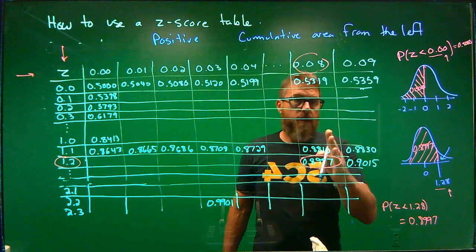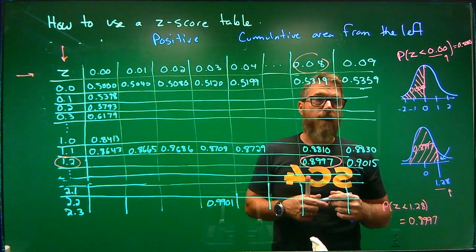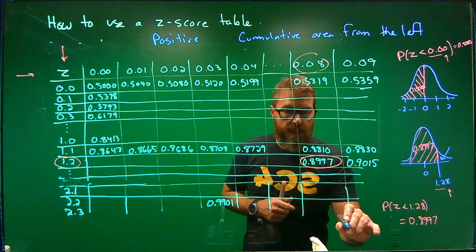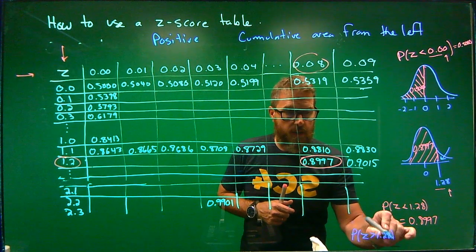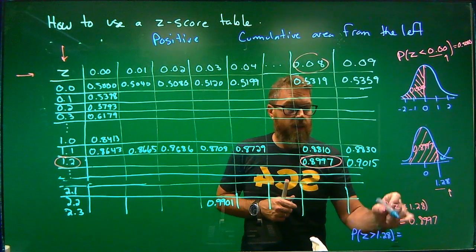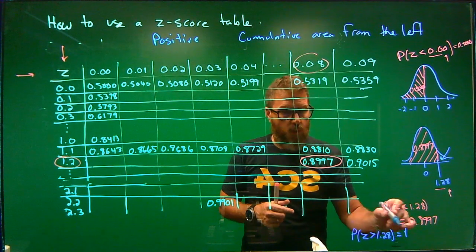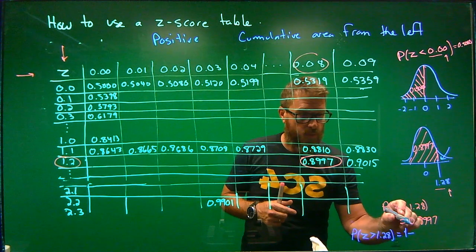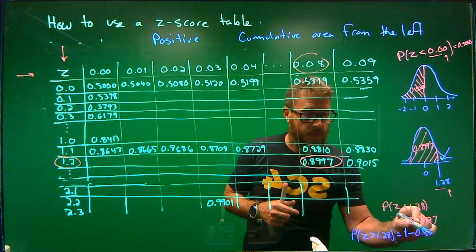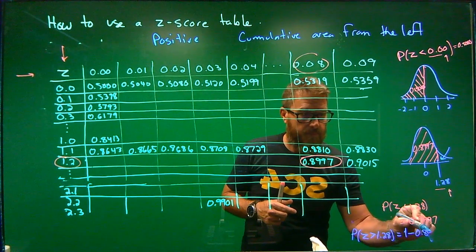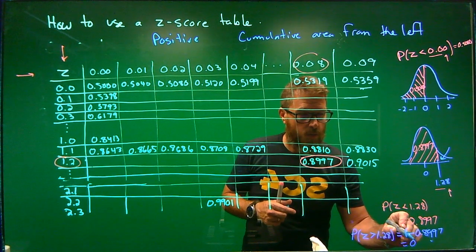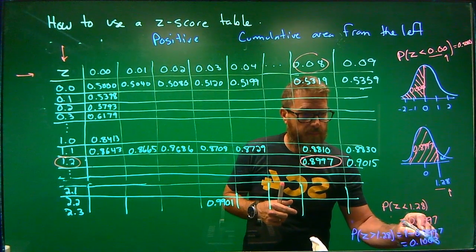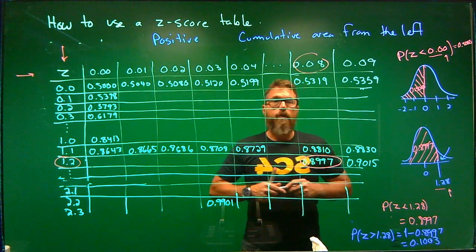Now since the sum of the probabilities is equal to 1, if I want to find the probability that z is greater than 1.28, I just have to take 1 minus this area to the left, 0.8997, which is going to give me 0.1003.